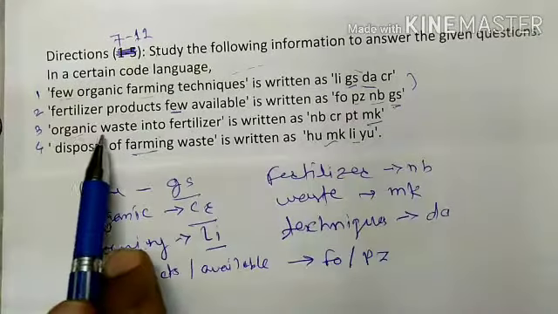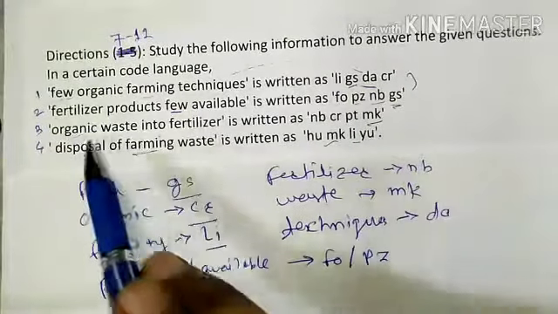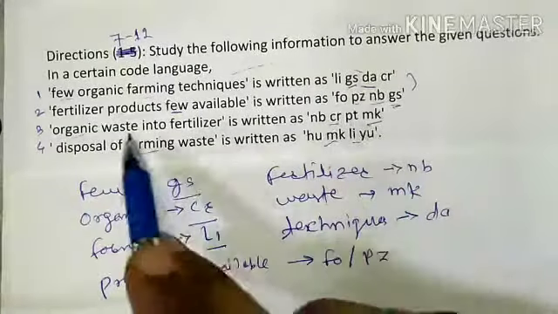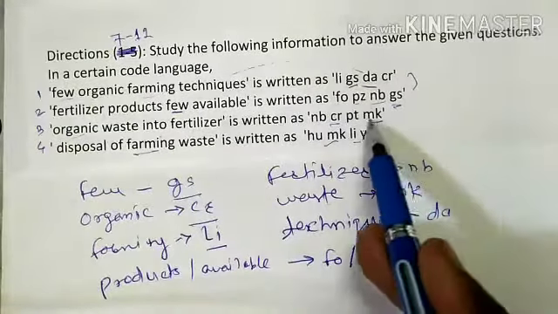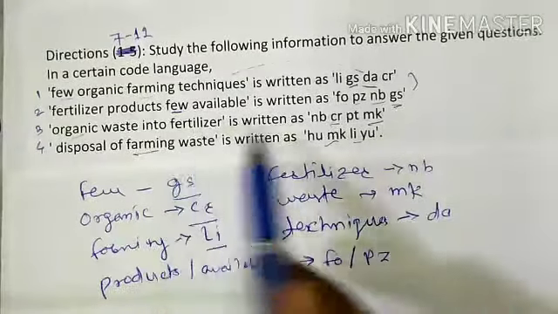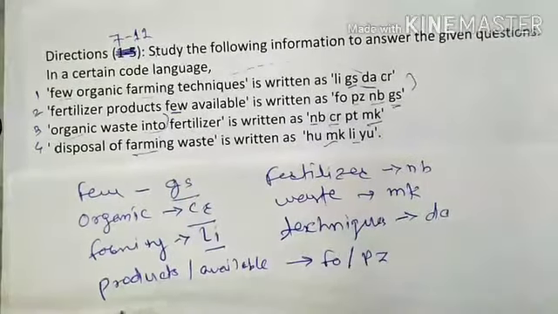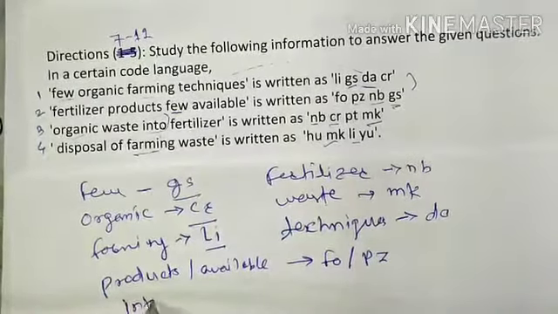Next is organic waste into fertilizer. Organic code is CR, waste code is MK, and fertilizer is NB. Remaining is into, so the code for into is PT.